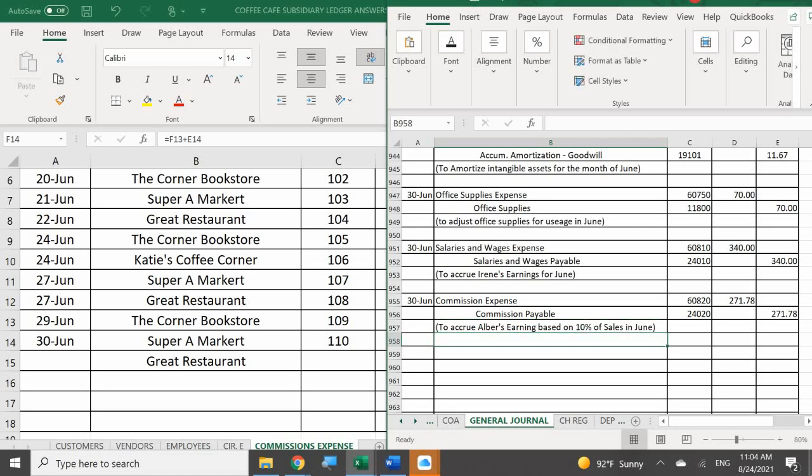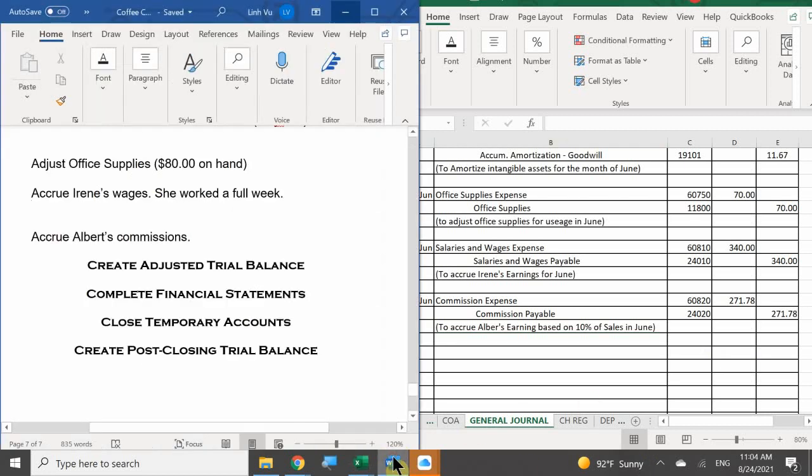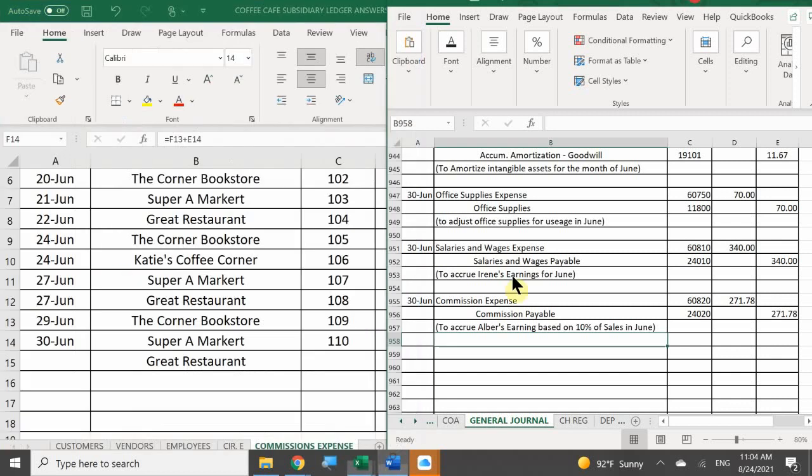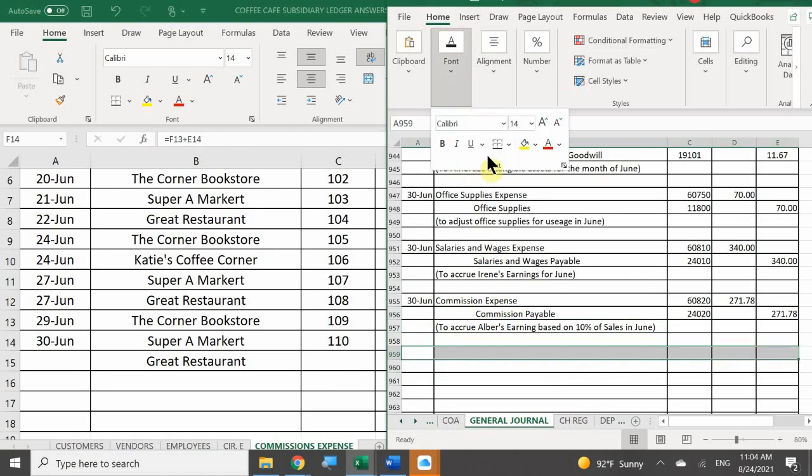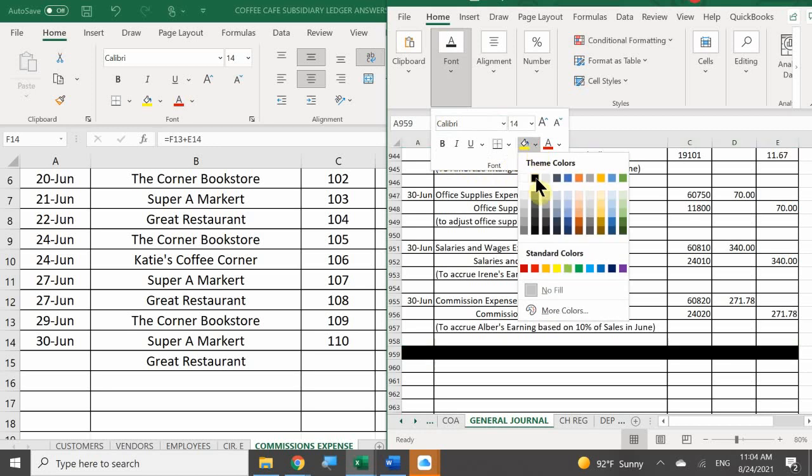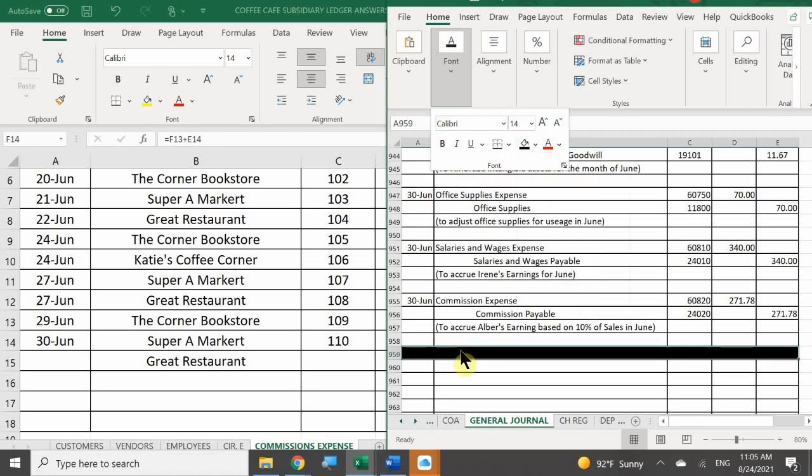Okay. And I believe that's the last thing I have you guys do. Yep, because then you're going to have to create your adjusted trial balance. So if that's the case, I'm going to go ahead and create that black bar to let me know I am done with these transactions. I am done with my adjustments.